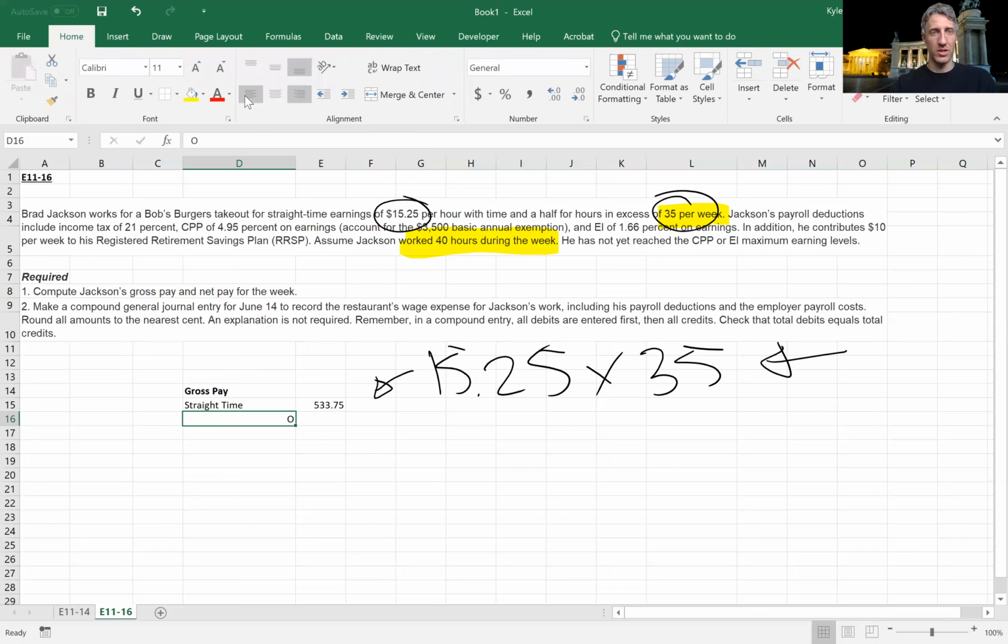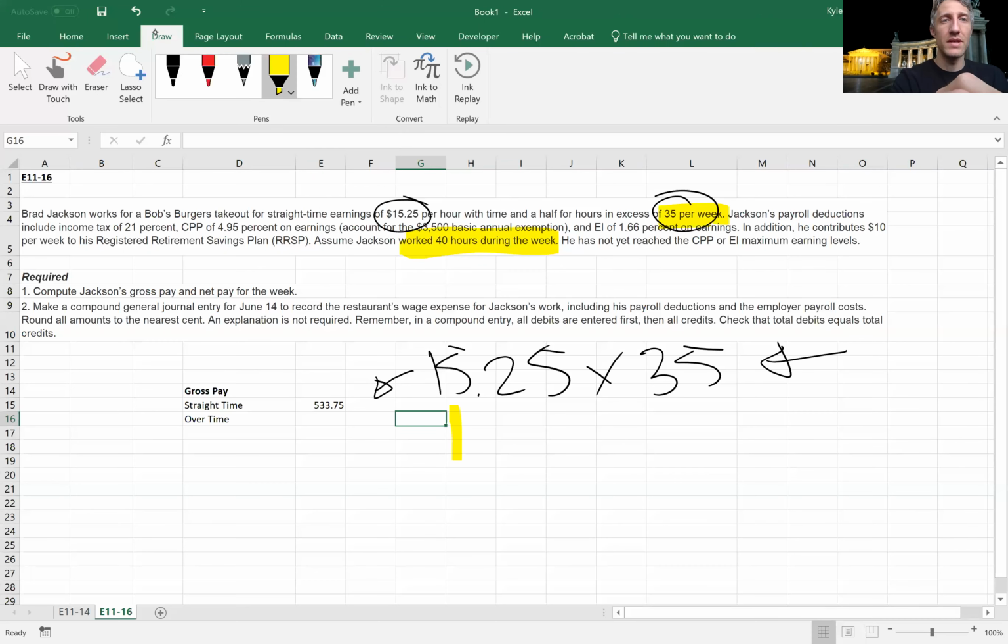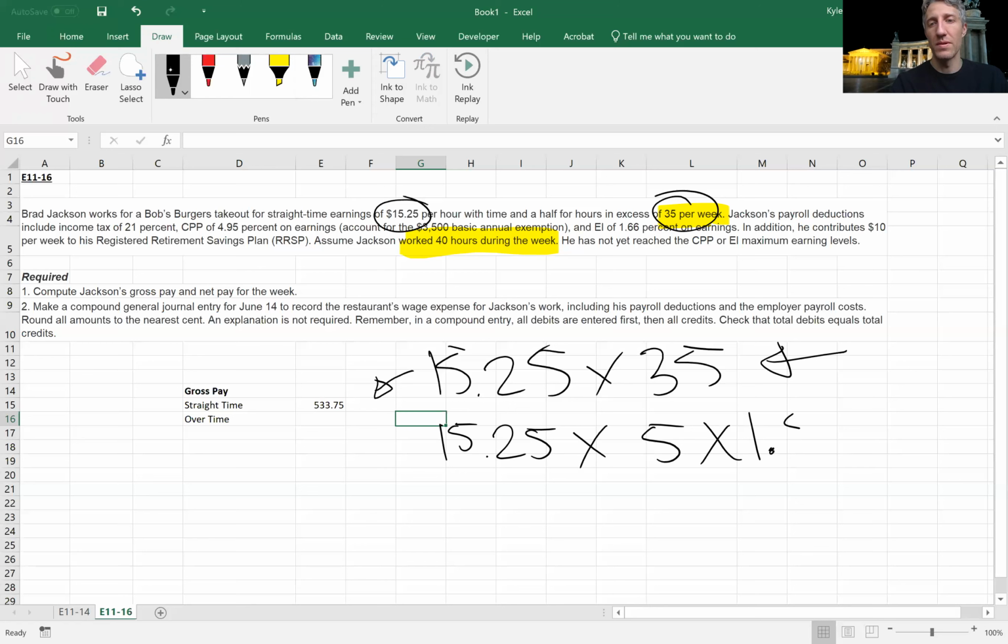Don't have my spreadsheet formatted properly. It's going to be overtime. And the way that that's going to be calculated is the same rate, $15.25, multiplied by 5 hours, multiplied by 1.5 this time. And that's going to equal 114.38.